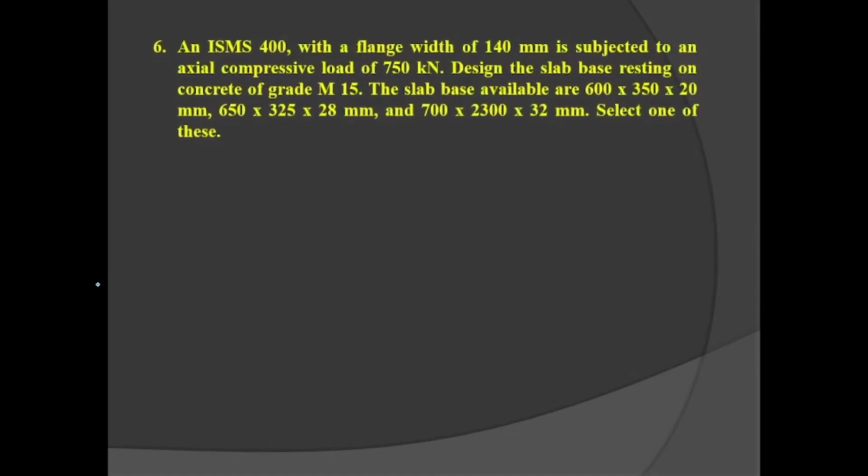Question number 6: an ISMC 400 with a flange width of 140 is subjected to an axial compressive load of this one. So let us suppose that this is our slab base. This type of question we had also discussed.